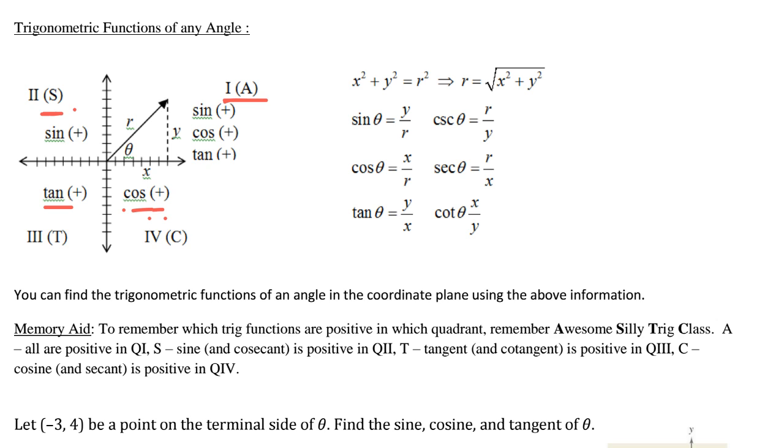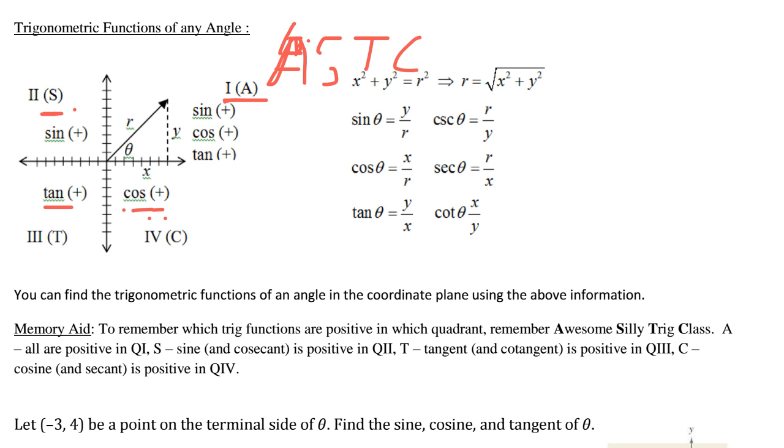So they say all students try cheating. Means they're all positive. Sine's positive in quadrant 2, tangent's positive in quadrant 3, and cosine is positive in quadrant 4. All students try cheating, and that's what worked. So that one usually works for everybody.